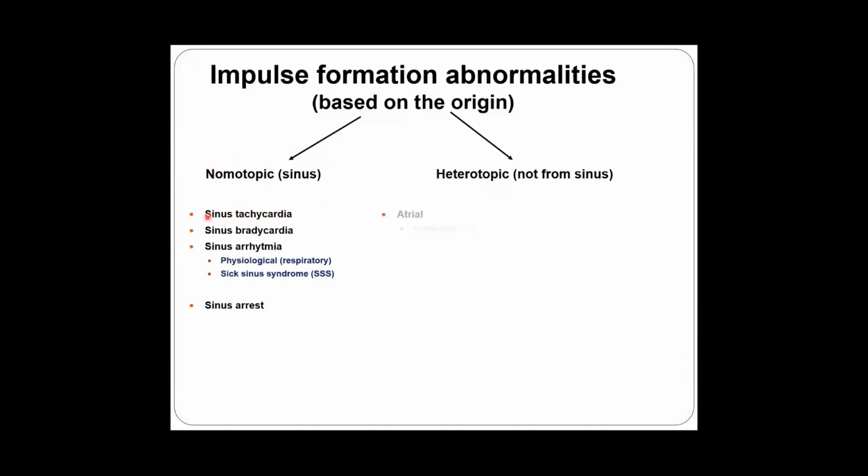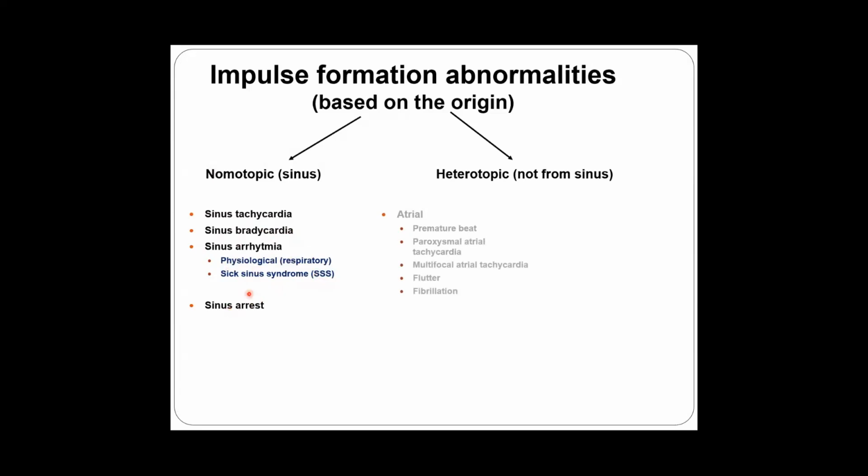If it's faster, that's sinus tachycardia; if it's slower, that's sinus bradycardia. And when we have arrhythmia, the sinus makes the impulse, but irregularly. That can be regularly irregular, such as a respiratory or physiological arrhythmia, sinus arrhythmia, or sick sinus syndrome, and it comes differently.